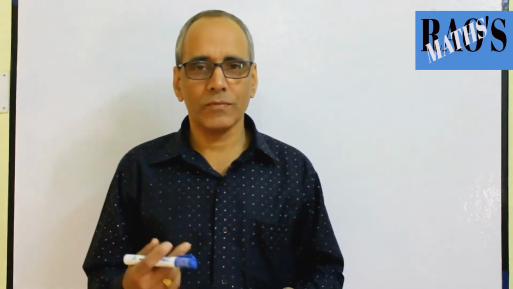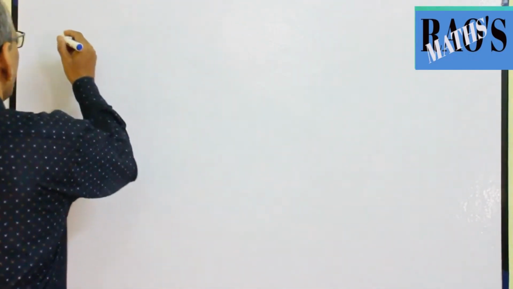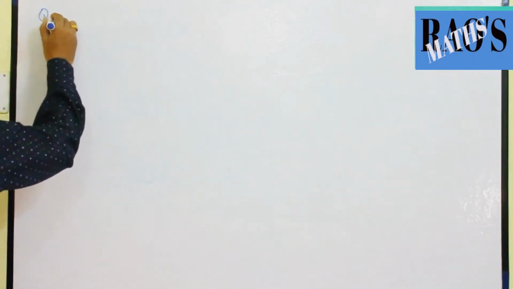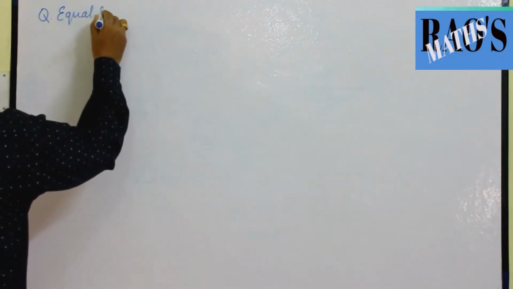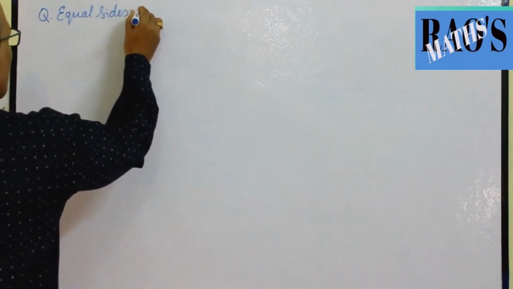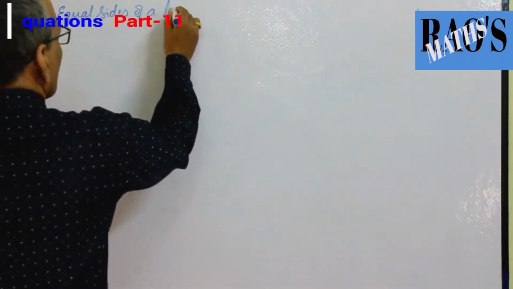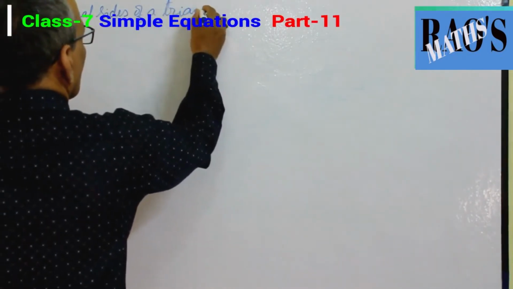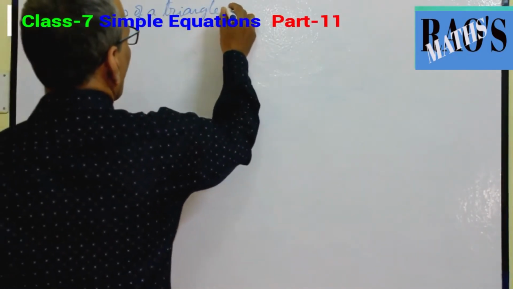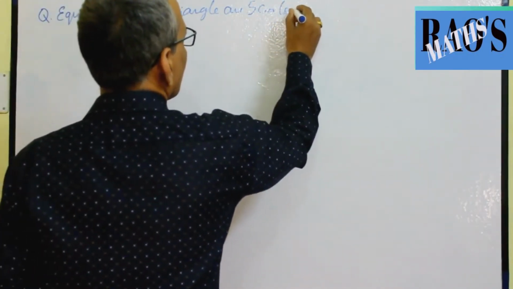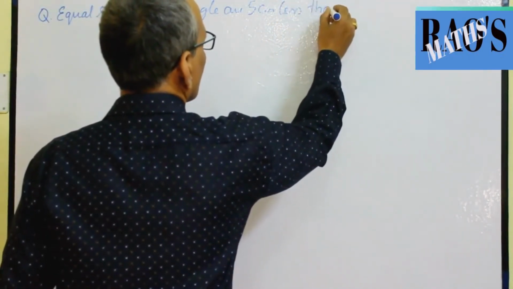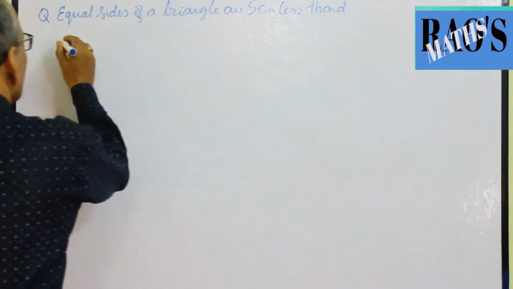Let's solve some more questions on simple equations for class 7. Here is the question. The two equal sides of a triangle are 5 centimeter less than the third side.